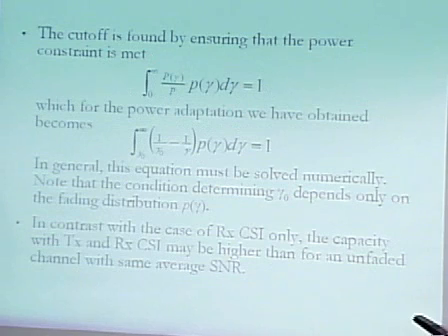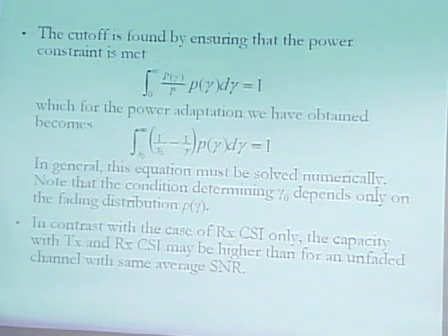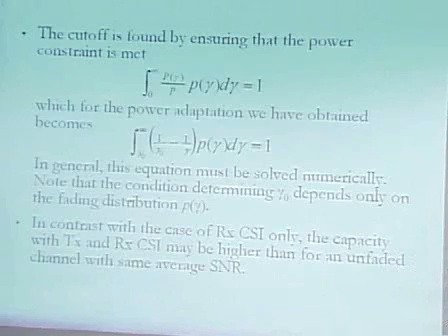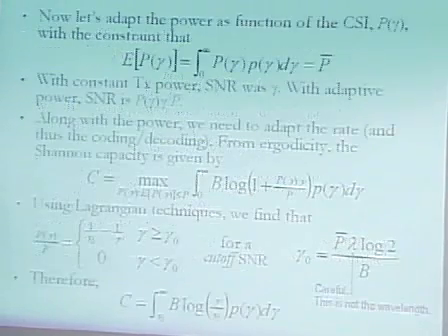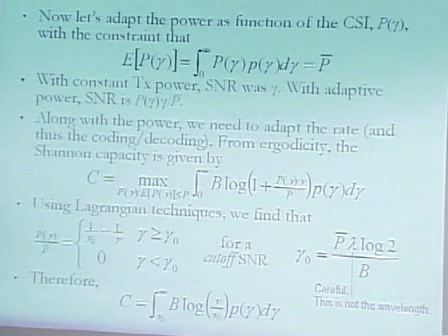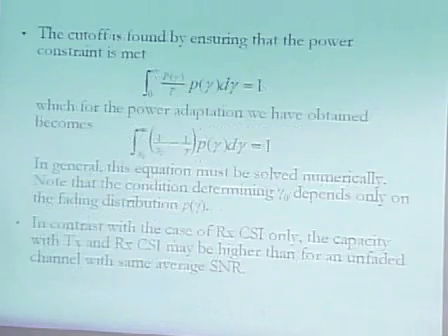Replacing P of gamma divided by P bar by the optimum policy, what we find is this condition. By solving this integral equation, we can find gamma 0. Okay, and now you put it in here, and we can find the optimum power control.